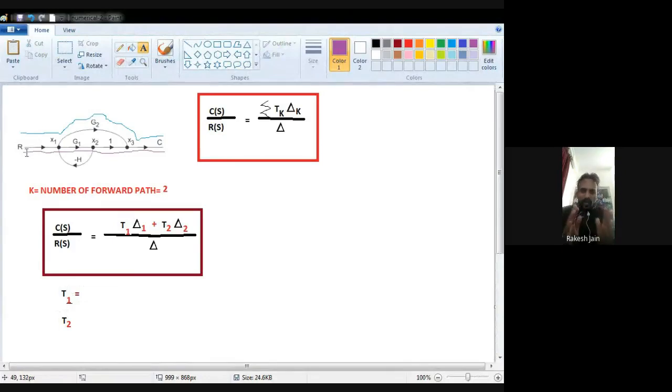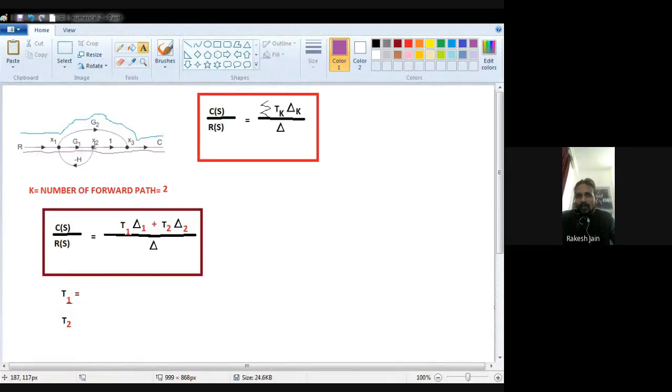So what is the rule? Just see the forward path, and whatever the branches come, just write down their gains and multiply the gains with each other. That will be your answer to find out the gain of a particular forward path. So see, the first forward path starts from R. Now the first arrow doesn't have anything written over there, so it means one gain is there for this branch.